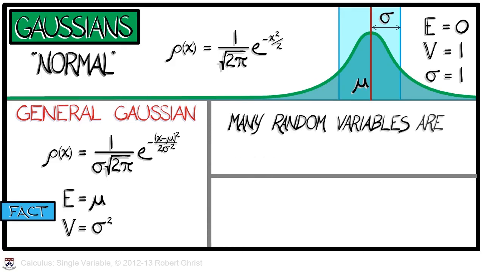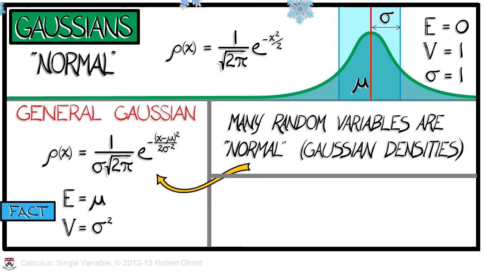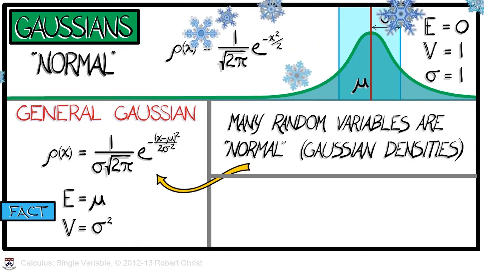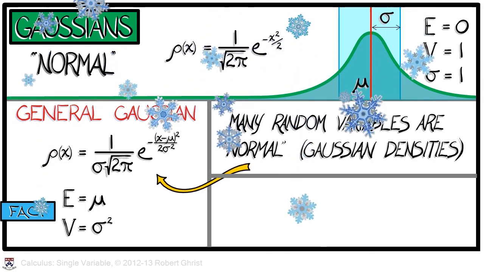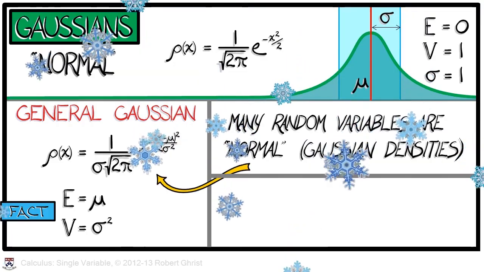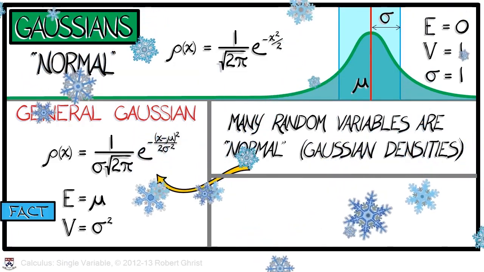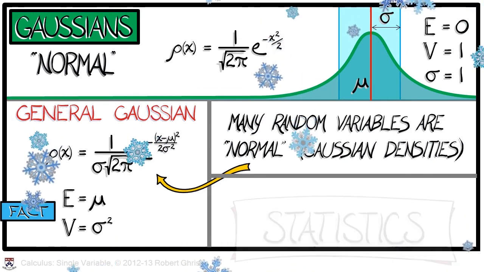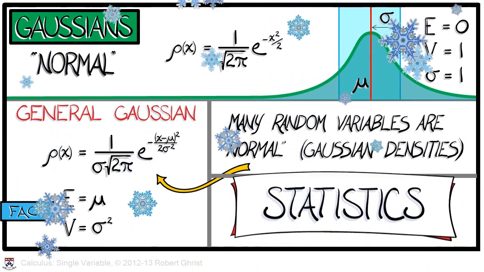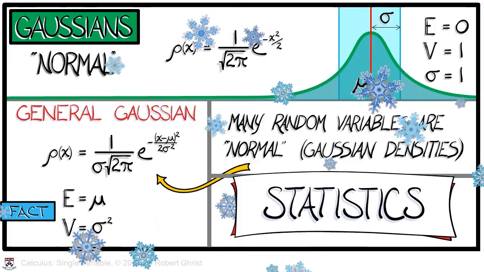One of the reasons for using general Gaussians is that many random variables are normal. They have a Gaussian density. If you look at the size of objects, such as people or snowflakes, they tend to be distributed according to a Gaussian.